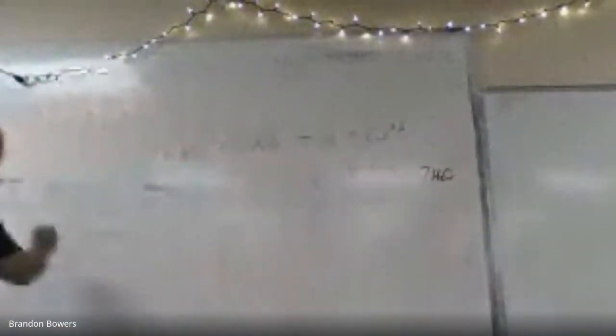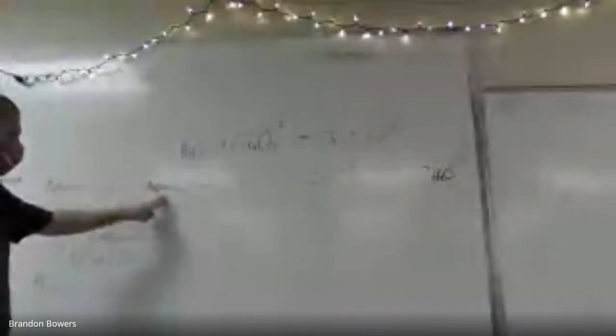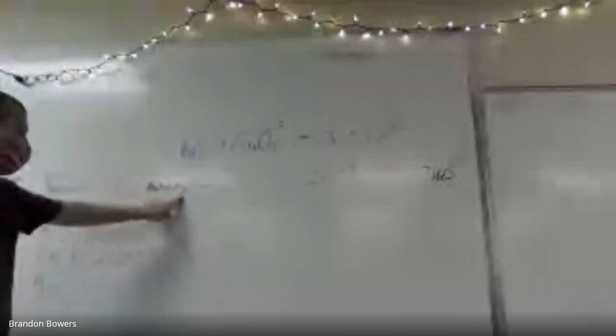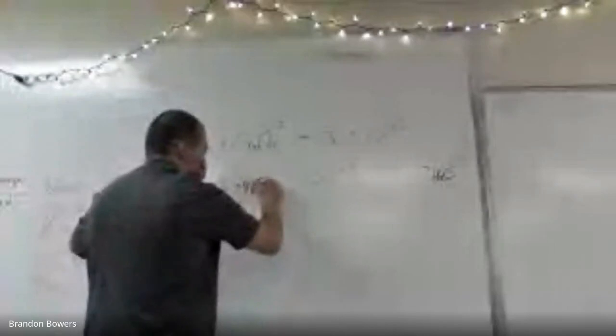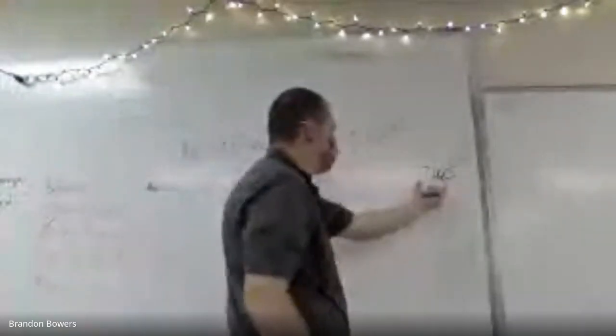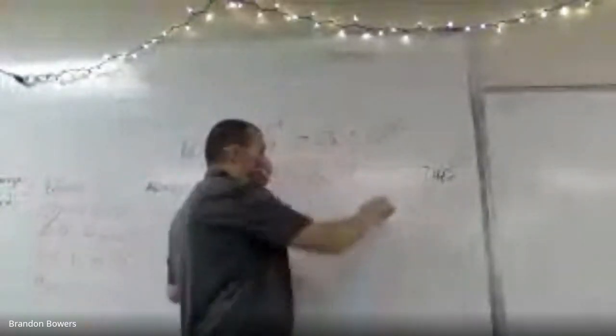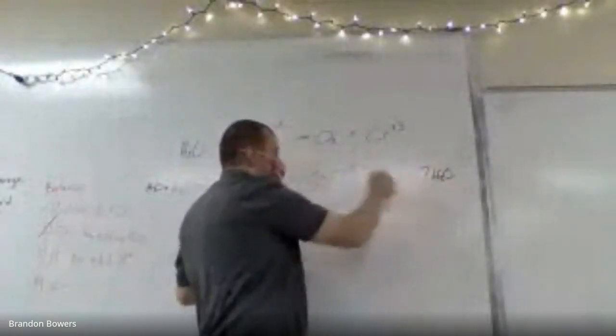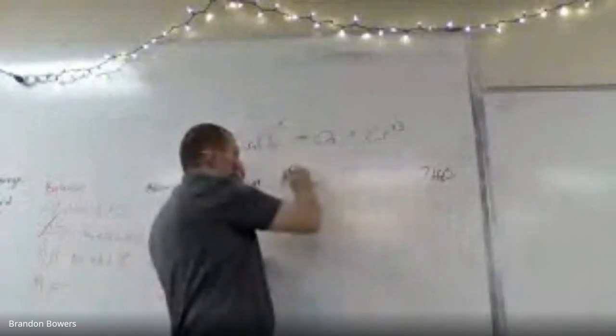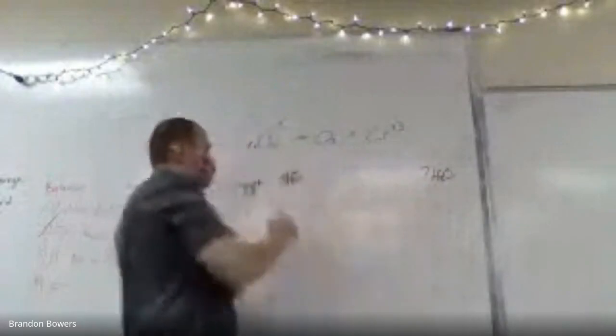Okay, so that's done. 3, balance hydrogens. How many total hydrogens do I have here? 4. So I got to add 4 to this side. How many total hydrogens do I have here? 14, right? So I got to add 14 hydrogens to that side.